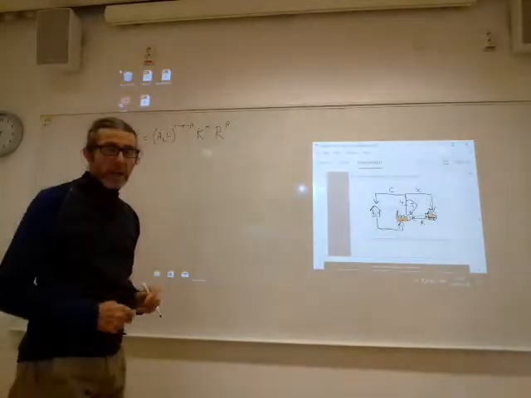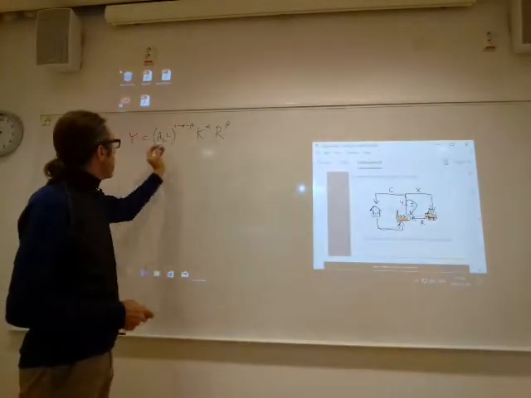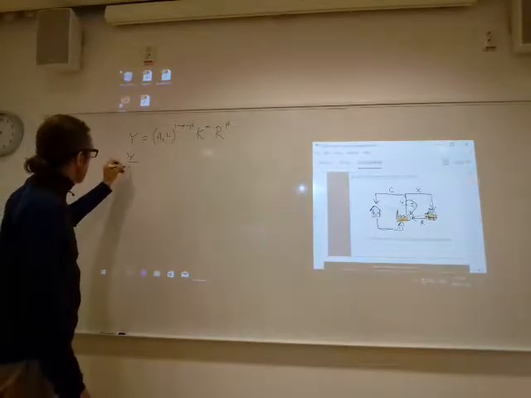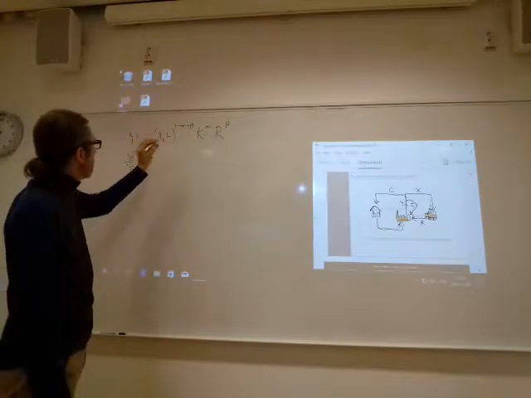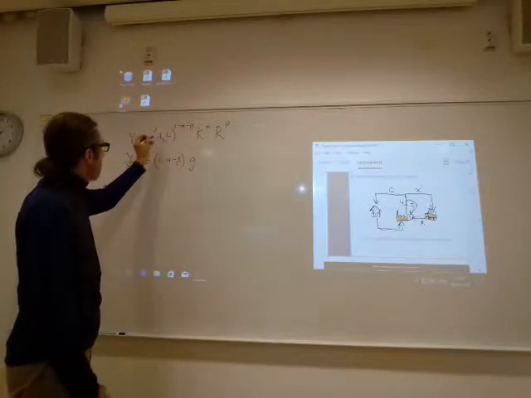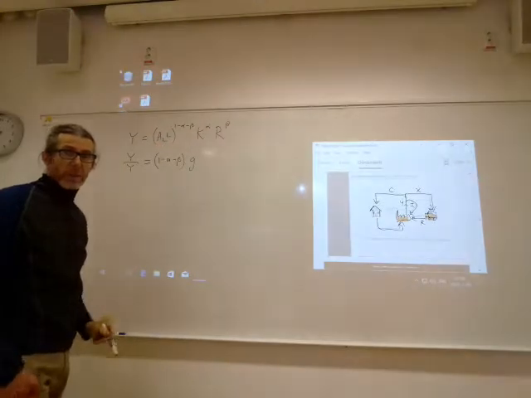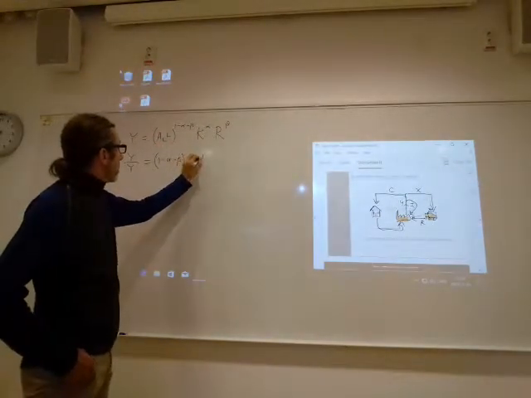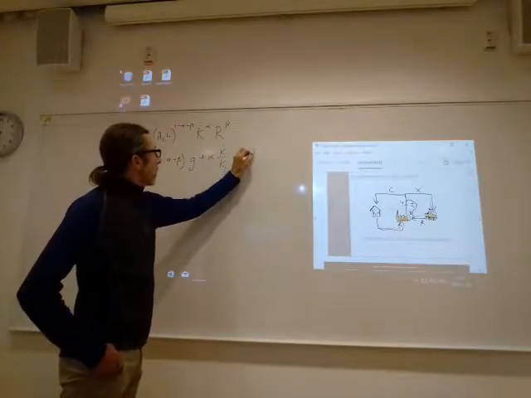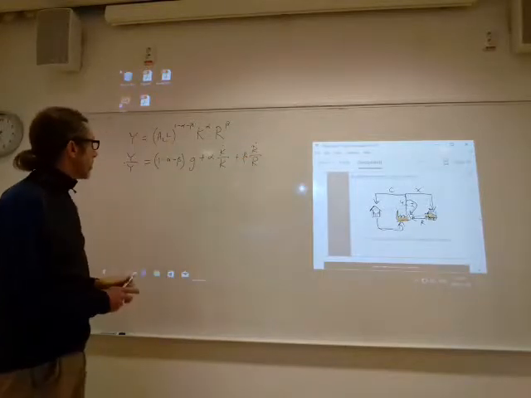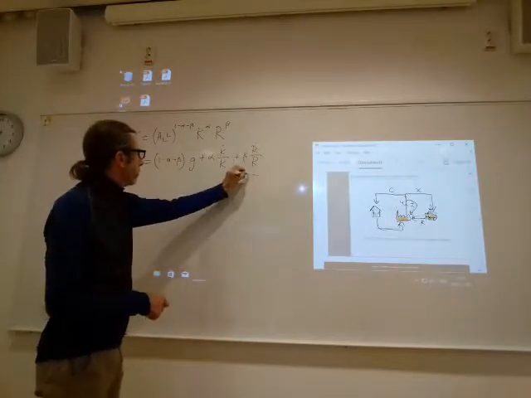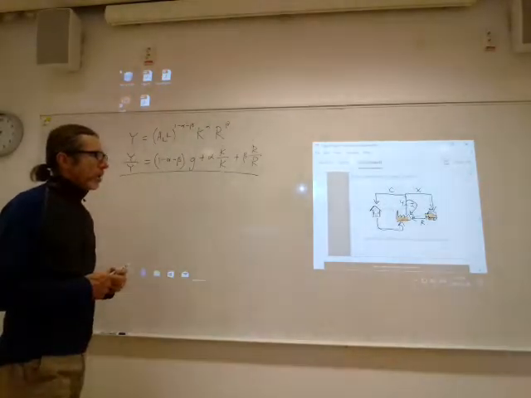So we can say straight away that when we differentiate this with respect to time, we're going to get the same result as before, which is Y dot over Y is 1 minus alpha minus beta times g, or A L dot over A L, and we carry on assuming that L is constant, plus alpha K dot over K plus beta R dot over R, which is the result we had in the previous video, right?